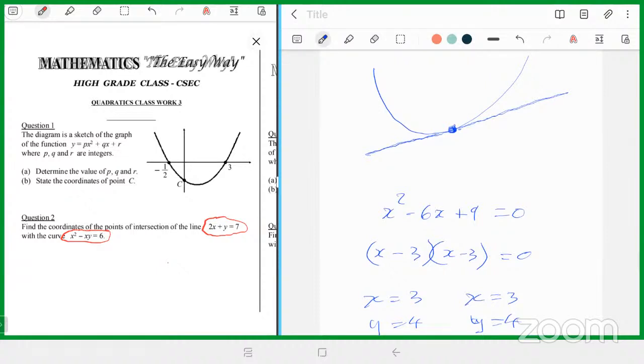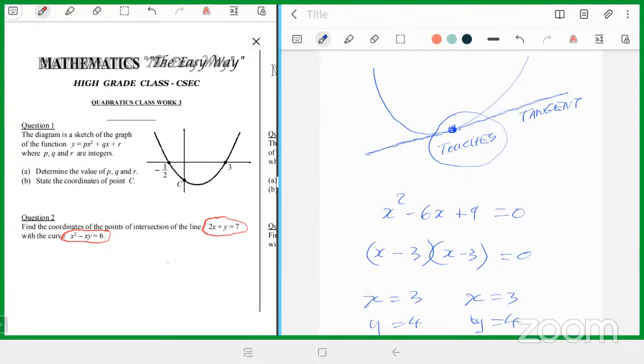So when a line touches, keyword is touches, a curve at a single point only, it means that that line is a tangent to the curve. And that is the geometric relationship between them. The line is a tangent to the curve. Tangents touch curves at a single point only.